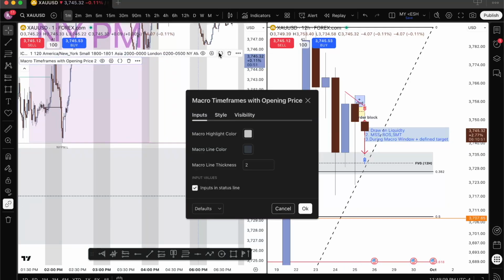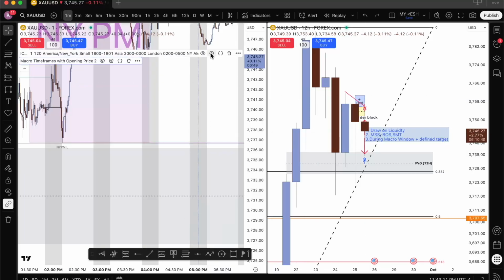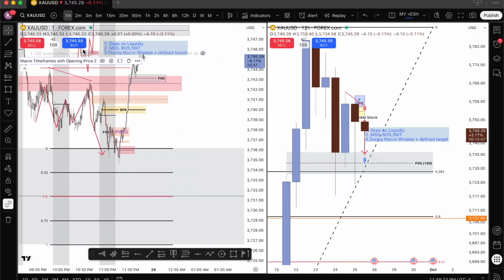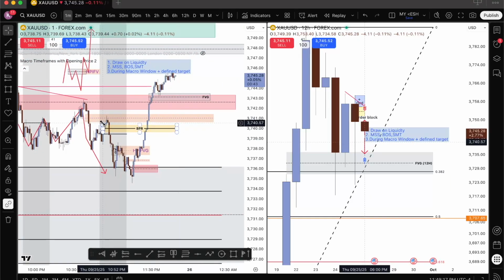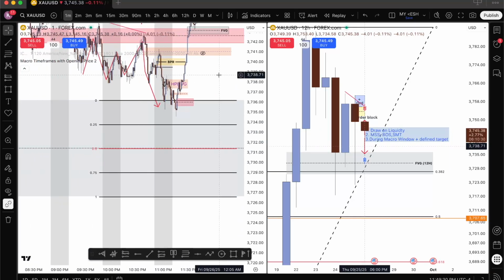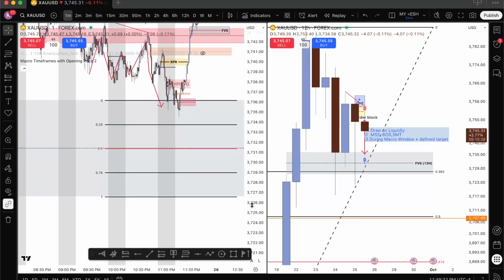All right. Take some of the markups back off. We came in, we got our macro time frame, gave us our signatures, gave us our sell side, buy side inefficiencies. I was in sells at first with the balanced price range, which sells did look good.